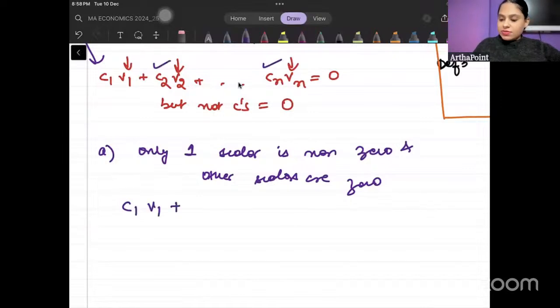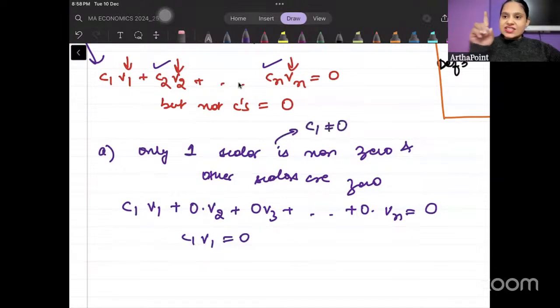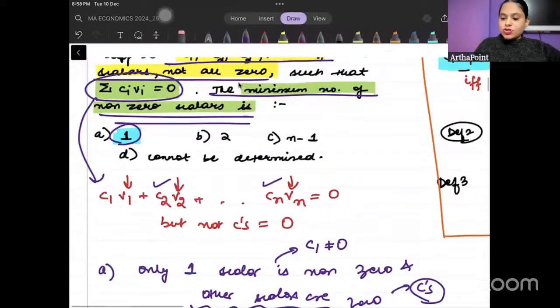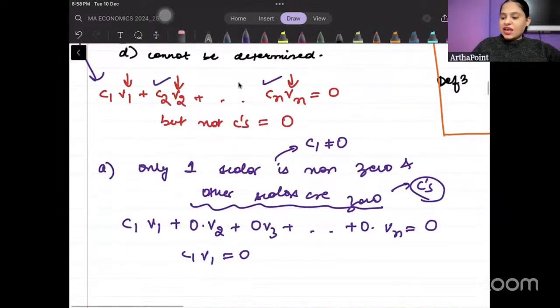That is what option A means. 0 into V2, 0 into V3 and so on, 0 into Vn is 0. So C1 V1 is 0. ठीक है, we have assumed that C1 is non-zero, एक scalar non-zero है and every other scalar is zero, बाकी सारे C's zero हैं. This is what option A is telling me. The minimum number of non-zero scalar is 1. So only one scalar is non-zero and others are zero.